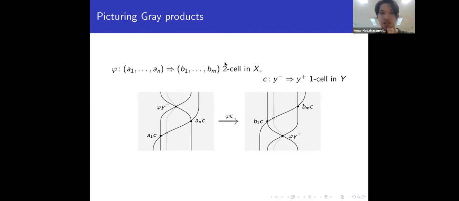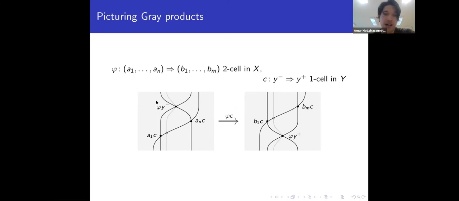Now we have a two cell phi with, say, n inputs and m outputs in X, and a one cell C in Y. Phi tensor C is going to be a three cell, which we can see as a rewrite in two diagrams.